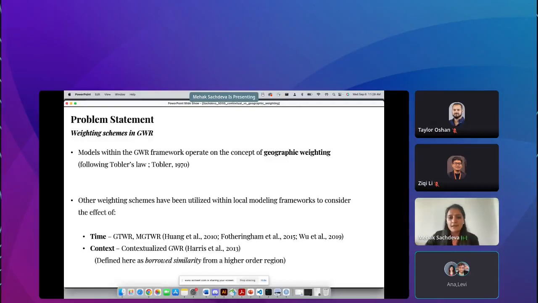So the idea behind this research is, is there a benefit in understanding and including information from places that might be similar in attribute space or profile similarity, rather than just concentrating on spatial proximity and looking at the geographic space?